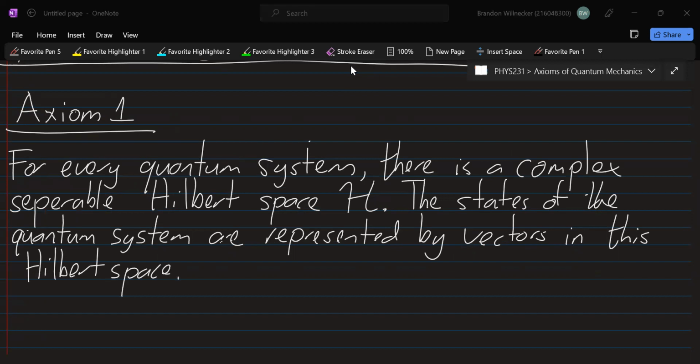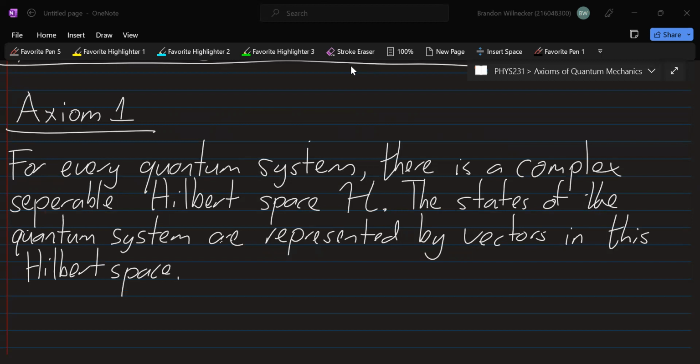You may be familiar with the idea of configuration space or phase space for a classical system. In classical mechanics, the state of a system can be described by the positions of the particles and their momenta. If you know that, you know all the information about the system and how it will evolve in time.